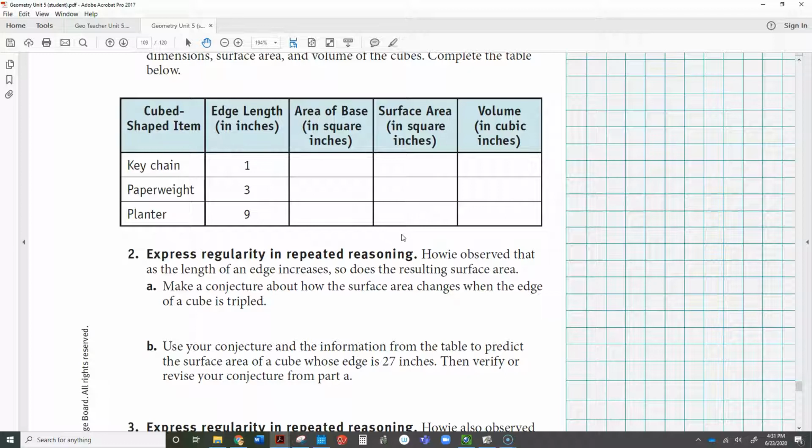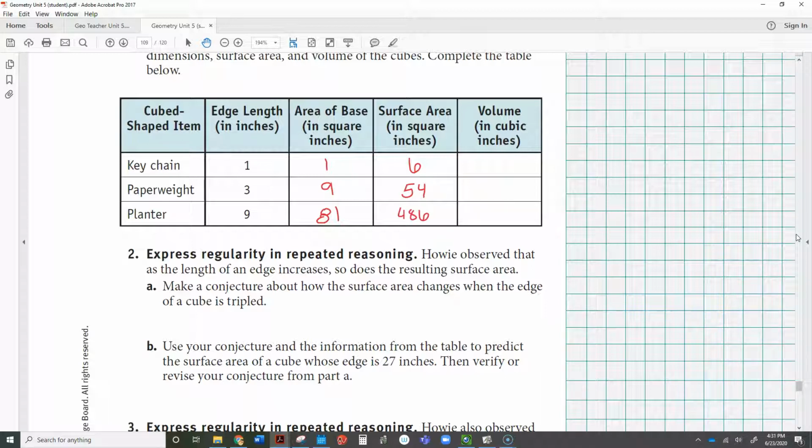Let's see if I can remember what these were. This was 1, and then we did 3 times 3, which is 9, and then we did 9 times 9, which is 81. And then this was times 6, right? So that was 6. 9 times 6 was 54. And 81 times 6 was 486.